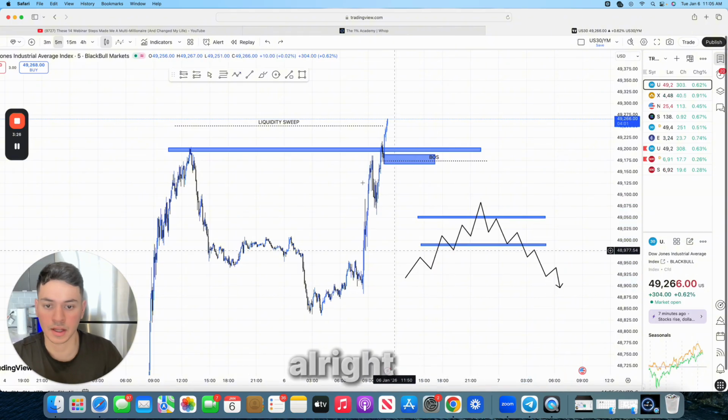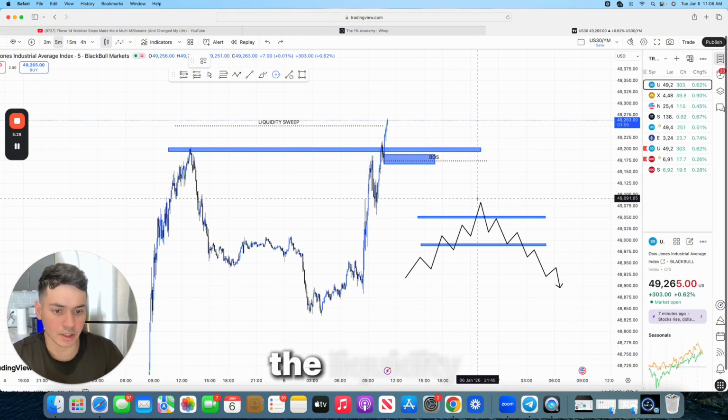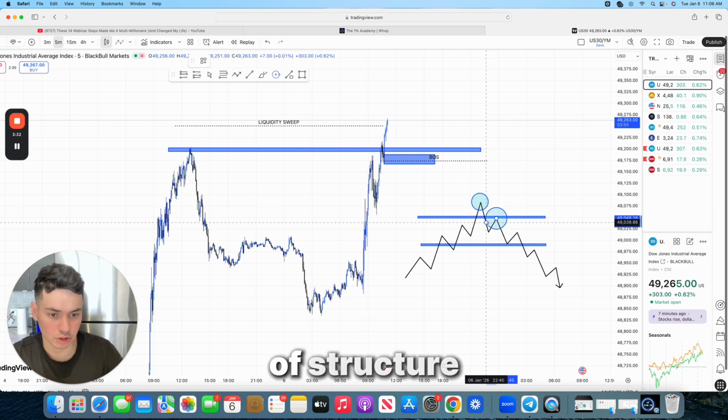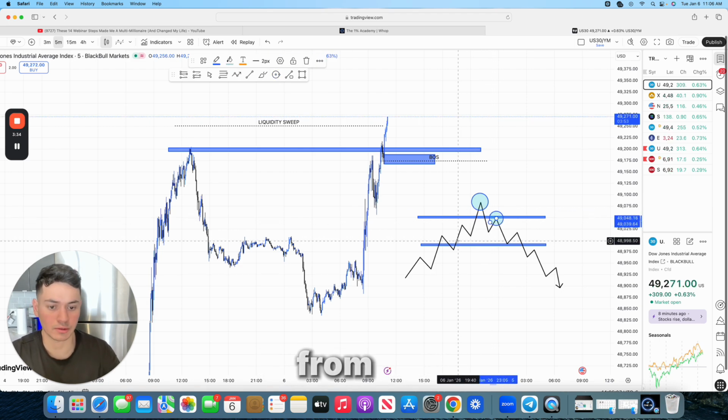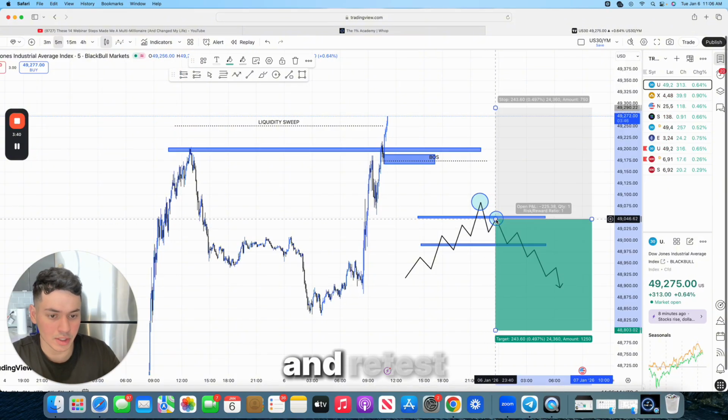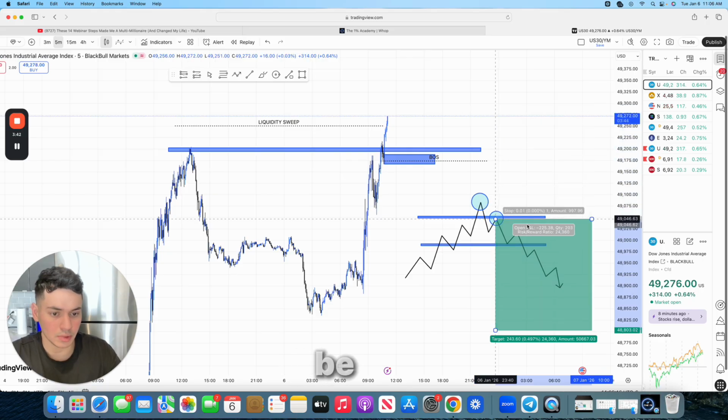This is the liquidity sweep we are expecting. This is the break of structure, because now price is breaking structure from the upside to the downside. We would take the entry when it comes back and retests. This would be the trade.